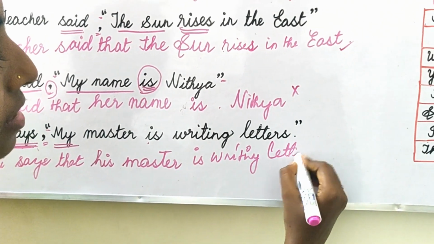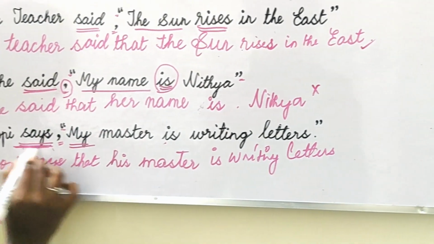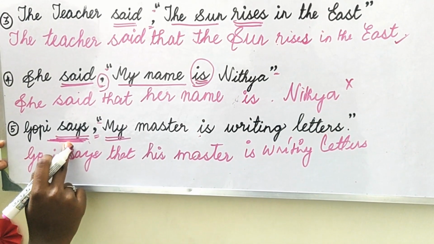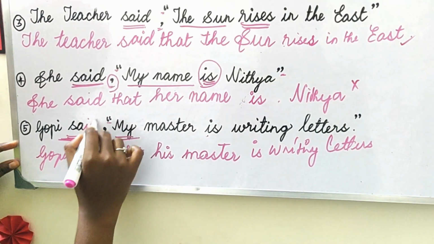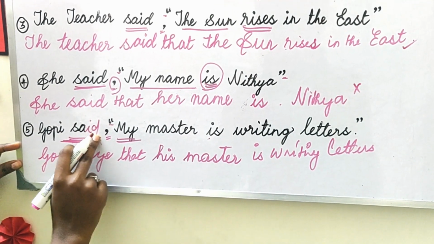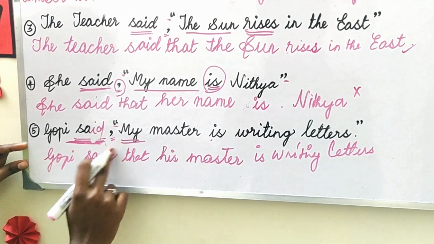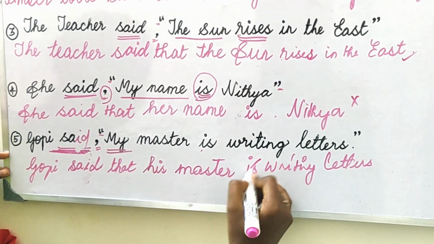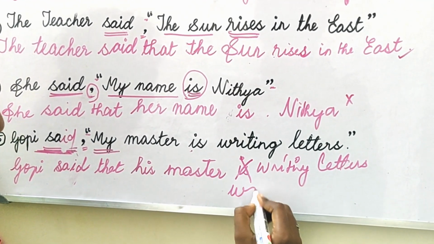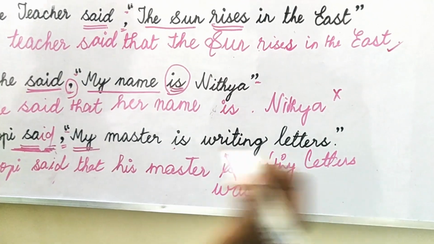You should not change the tense because the reporting verb is in the present tense. Suppose the reporting verb is in the past tense, said, then Gopi said that his master, now you can change the tense, was writing letters.